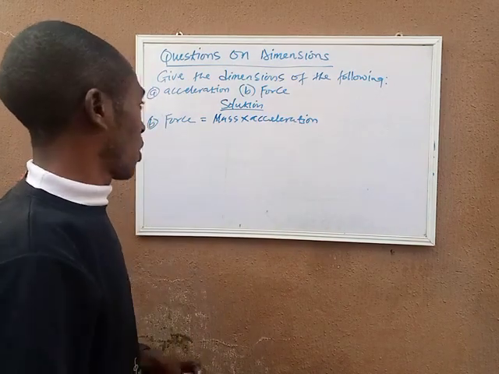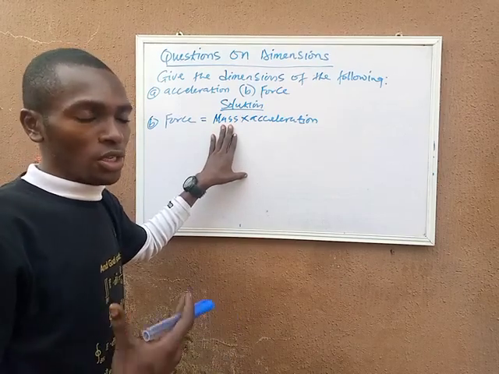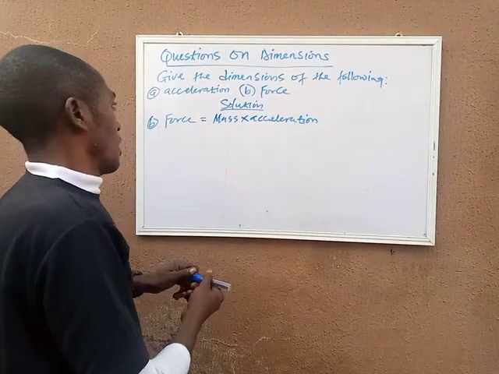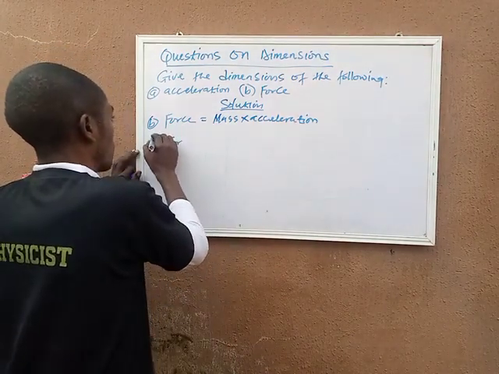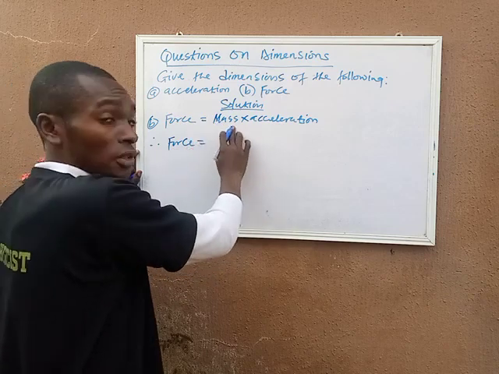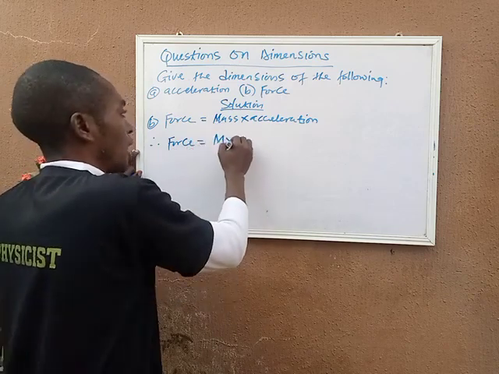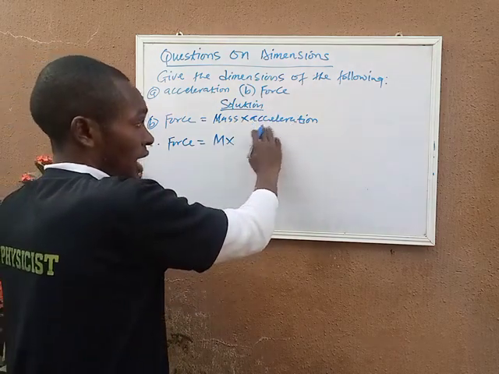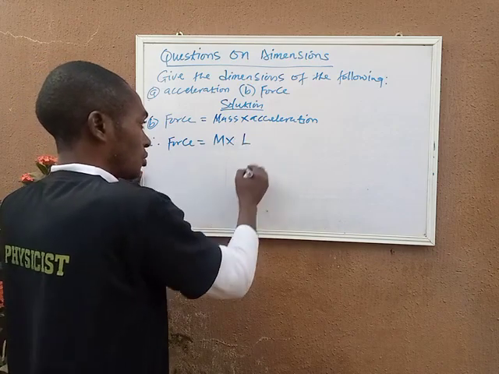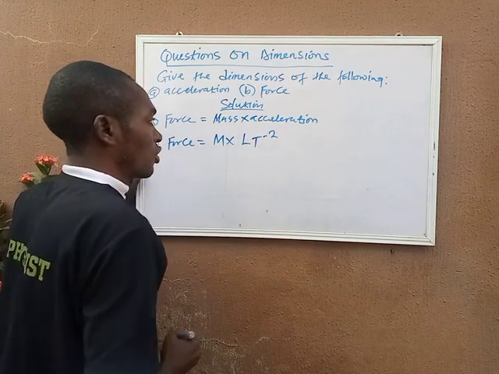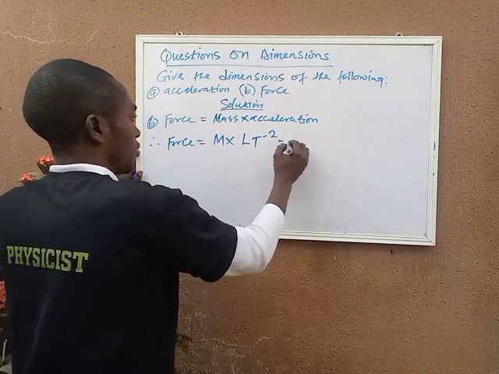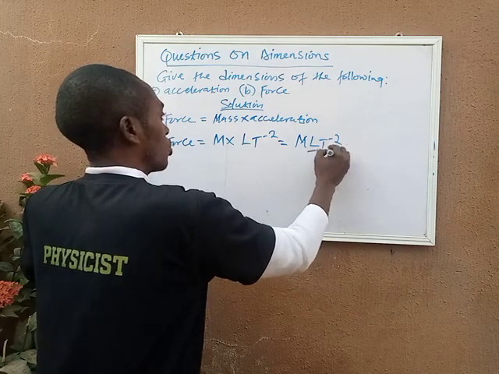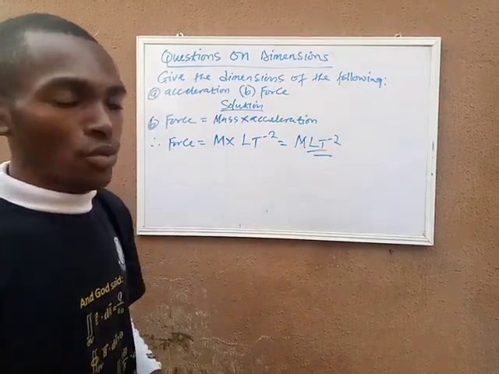And don't forget that mass is a fundamental quantity, represented with the letter M. So our force is equal to, instead of the mass, we write capital letter M times the dimension of acceleration which we have already gotten, which is LT raised to the power of minus 2. So we can now proceed by saying M times this will give us MLT minus 2. So this is the dimension for force.